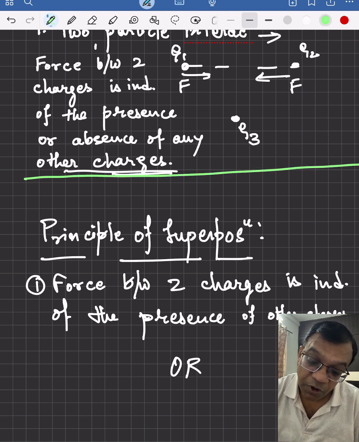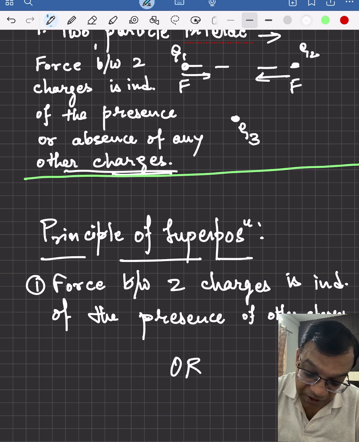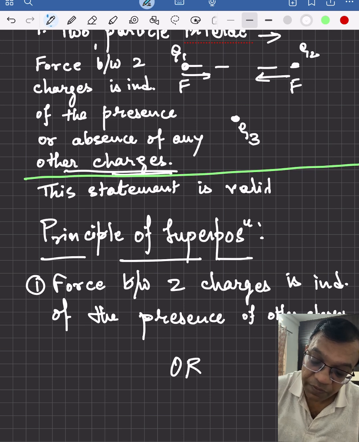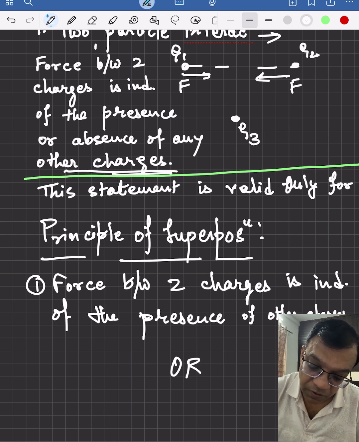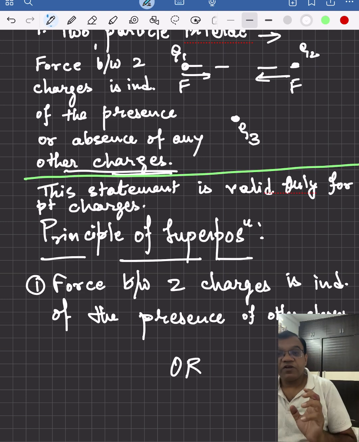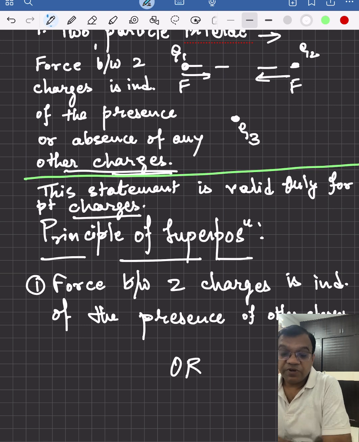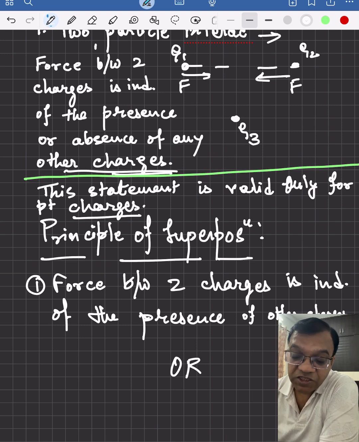Here another important point comes, and that is this statement is valid only for point charges, because when we have an extended object, then this statement has some exceptions.